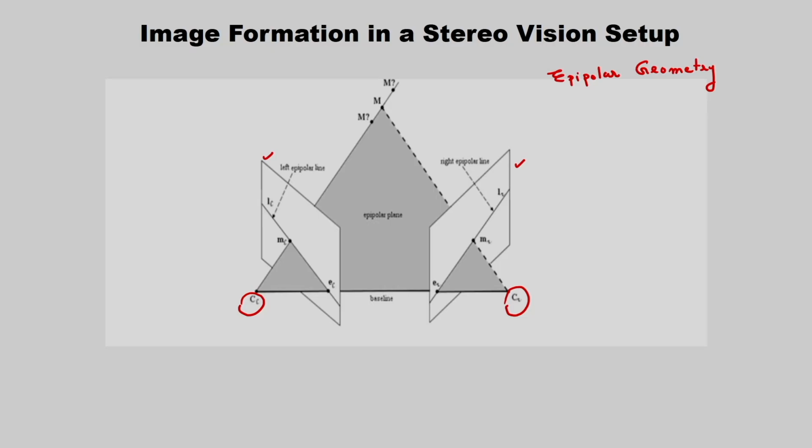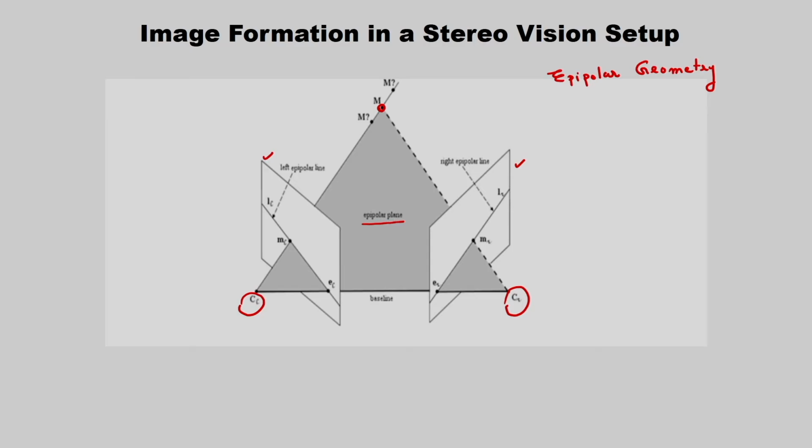I am considering the point, suppose M, that is the scene coordinate, the 3D point. First I have to define the epipolar plane. The epipolar plane is nothing but the plane joining the camera projection centers and the 3D point M. That plane is called the epipolar plane.